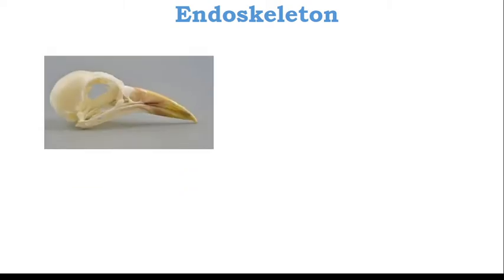The next anatomical adaptation is the endoskeleton. Endoskeletons are fully ossified, having holes. The first one, skull bones, are thin. It is monocondylic, meaning it has a single occipital condyle, which helps in the rotation of the head up to 180 degrees on either side.